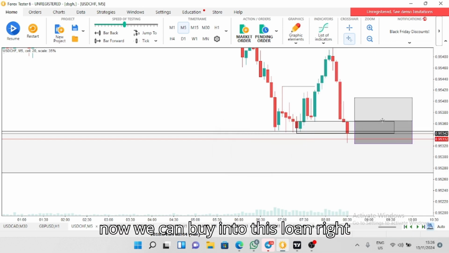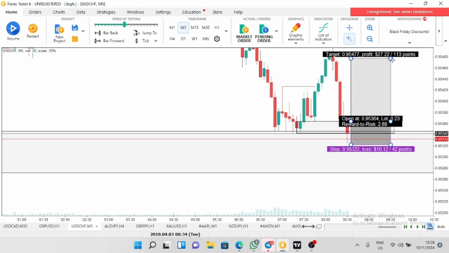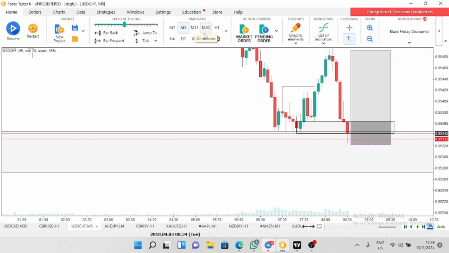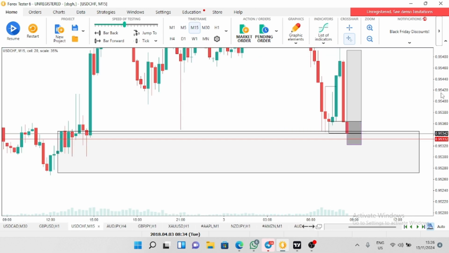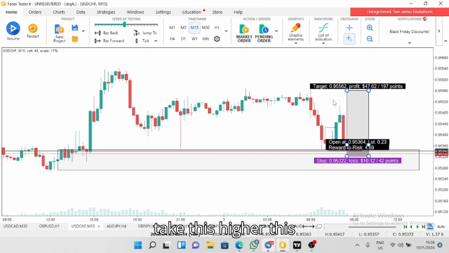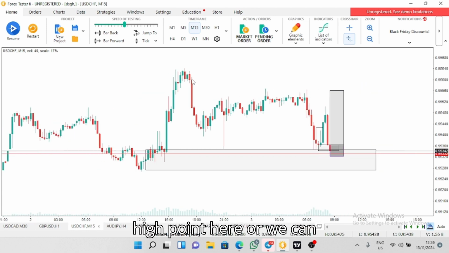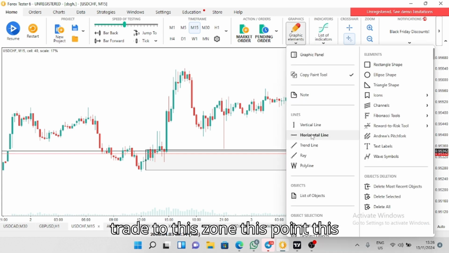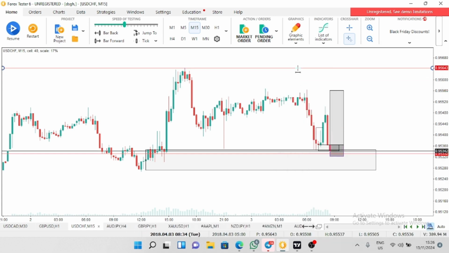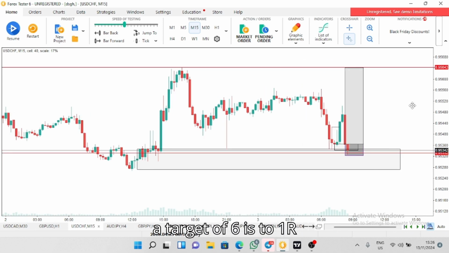Now we can buy into the zone, right? Let's go to 15 minutes and look for our profit target. Now we can either take this high point here, or we can trade to this zone, this point, giving us a target of 6 to 1.